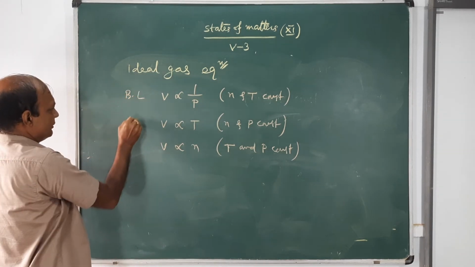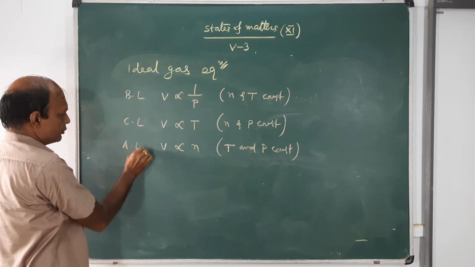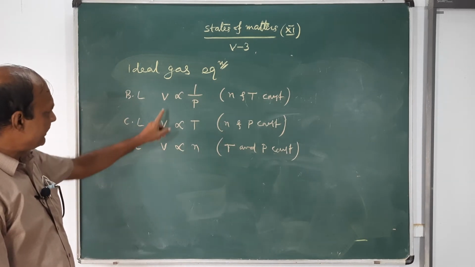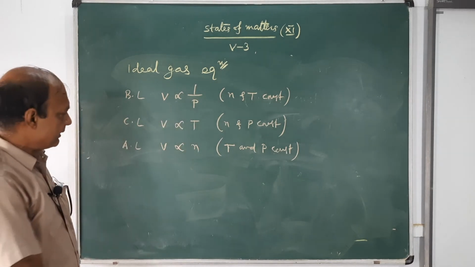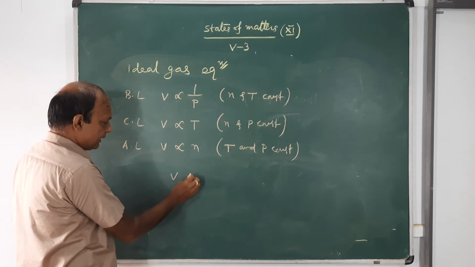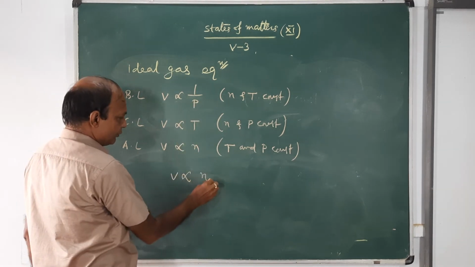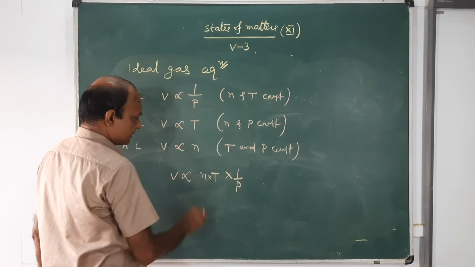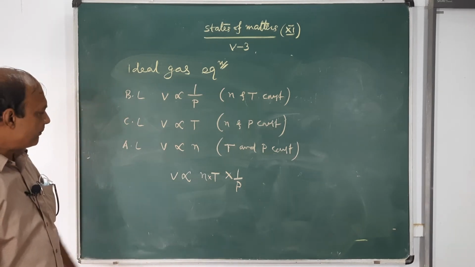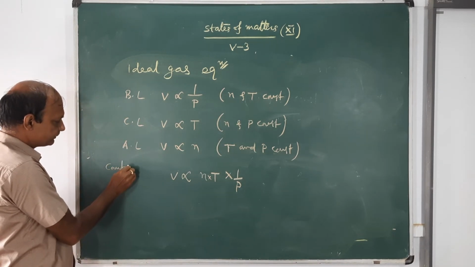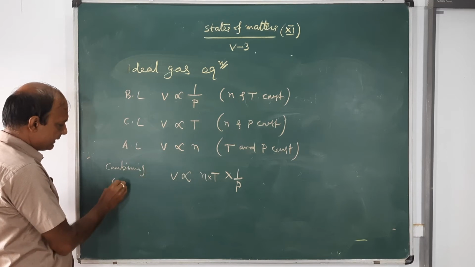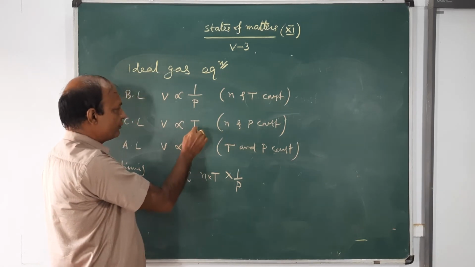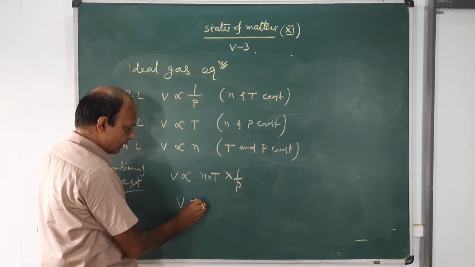If you combine these three laws, when the same quantity varies with different quantities, then the same quantity will also vary with their products, N into T into 1 by P. So after combining, we get V proportional to N into T into 1 by P.